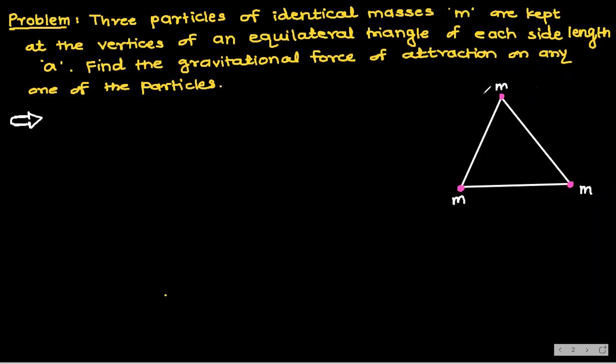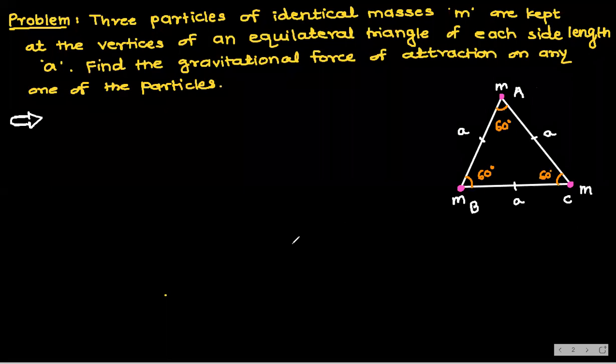Suppose this is point B, and this is C. It is triangle ABC. So now I want to find the force at point B. This side is a, this side is also a, and this side is also a, because it is an equilateral triangle, and each angle is 60 degrees.